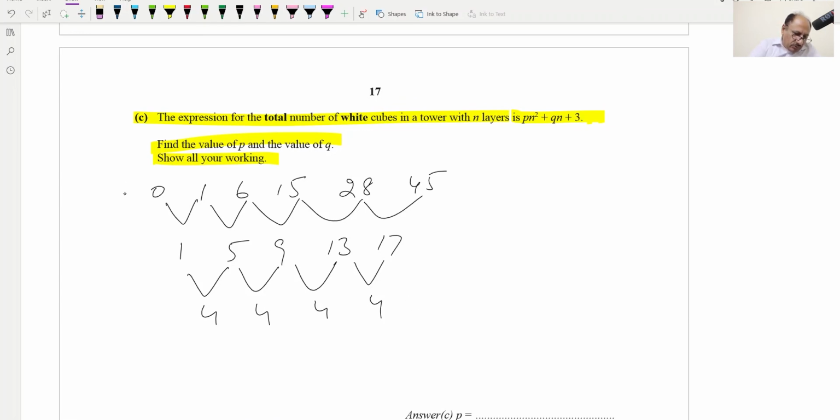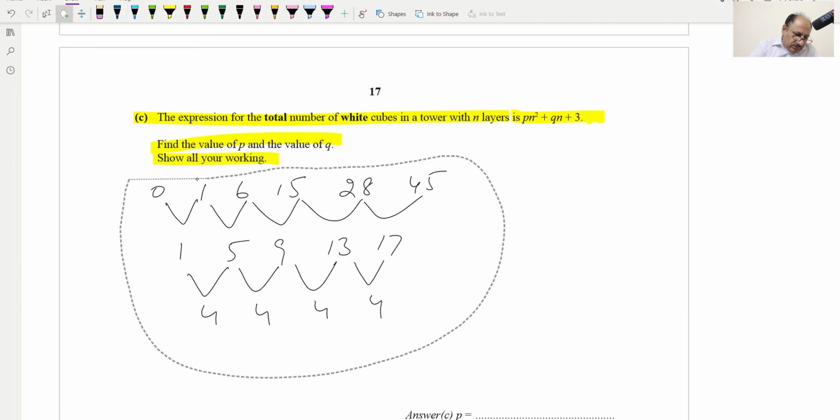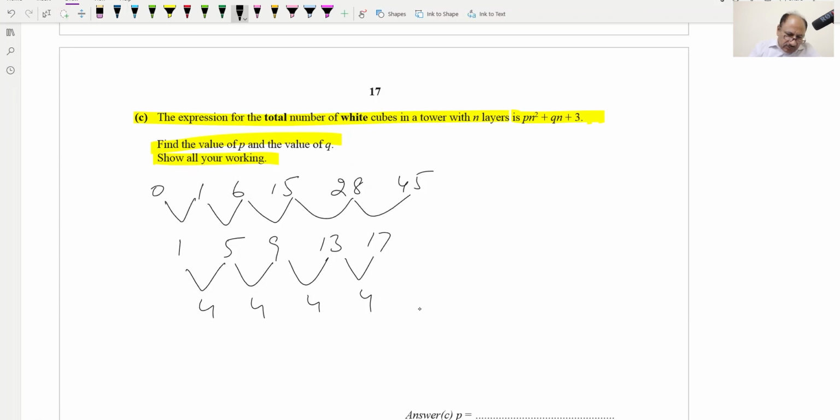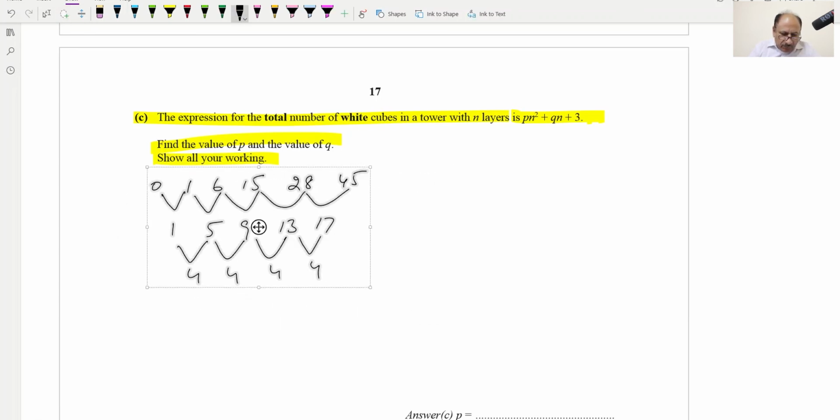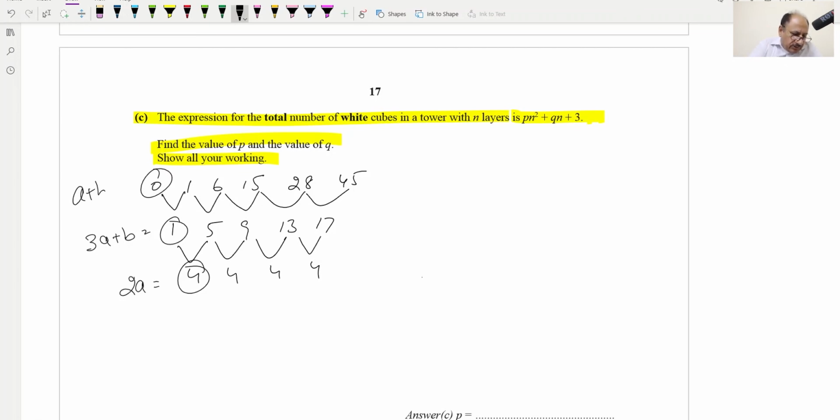So what I will do, I will shrink the size so that we can have more space for working. Now we can take this second order difference will be equal to 2a, first order difference will be equal to 3a plus b, and the first term is basically a plus b plus c, which is 0.